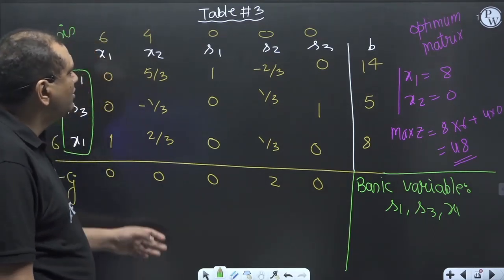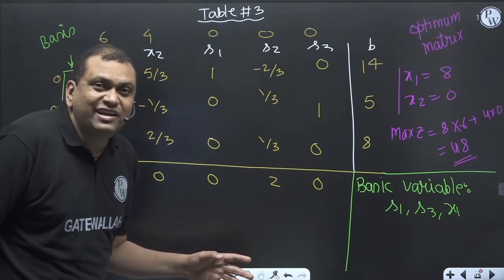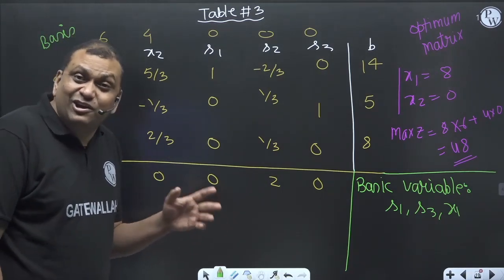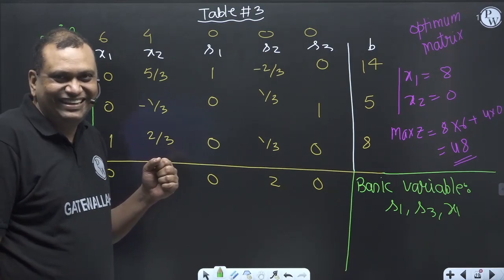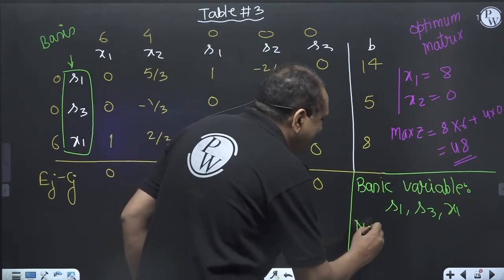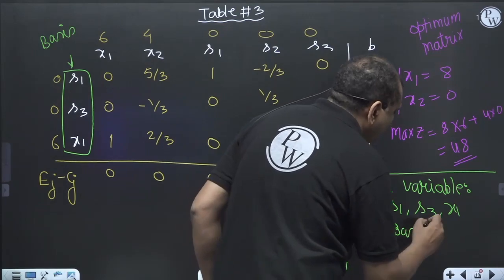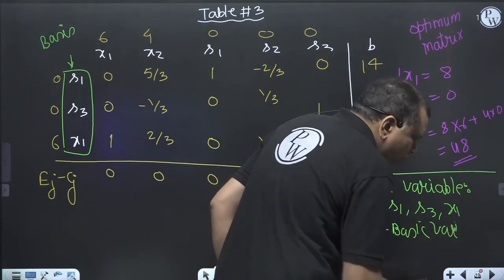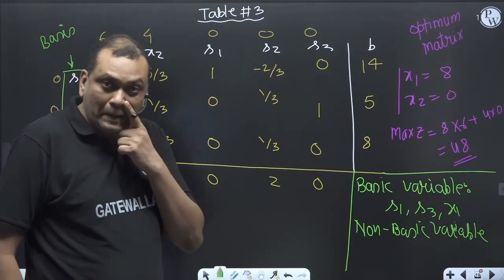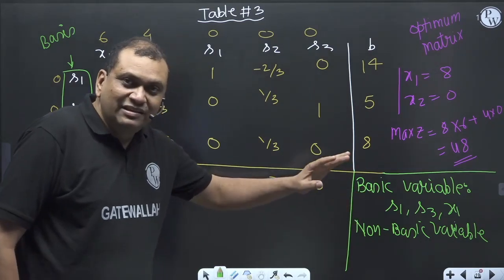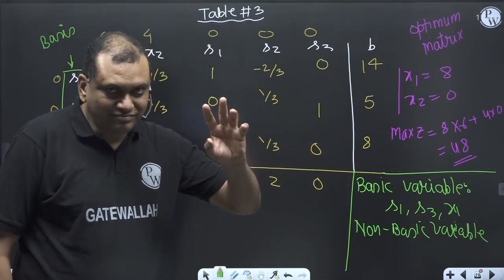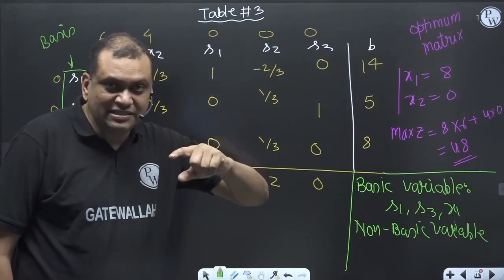Now the remaining variables of the objective function that are not in the basis are called non-basic variables.